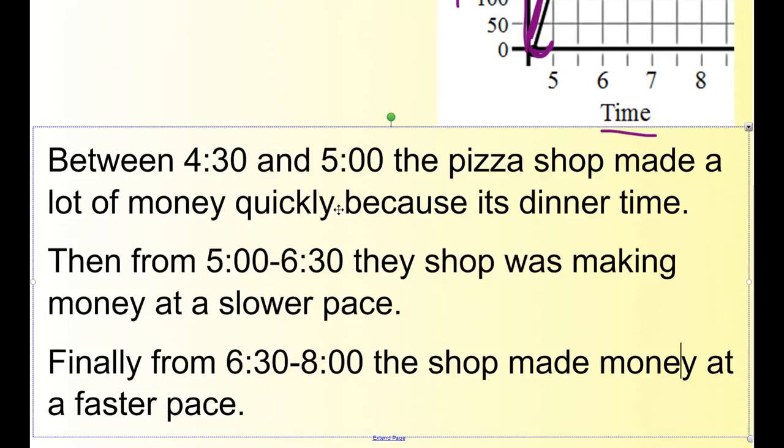Then it says here, from 5:30 to 6 o'clock, the shop was making money at a slower pace. Well, why? Well, dinner time's done. They're done with the dinner rush. Because, I don't know, Friday people want to get home early. They're not eating dinner as late.